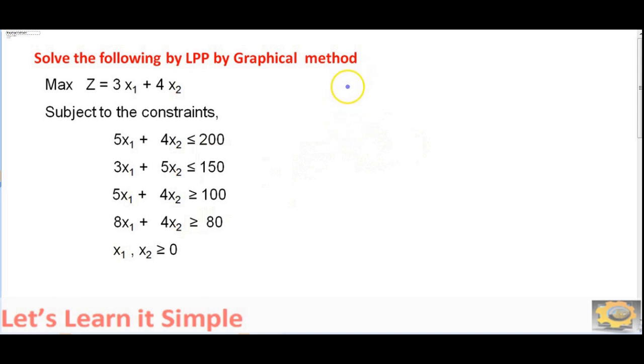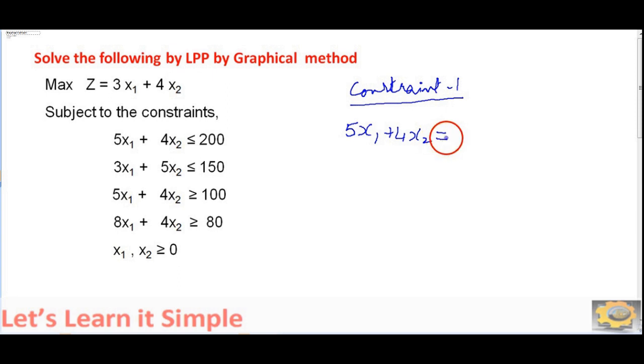By graphical method, as we discussed in the previous video, the constraint has to be equated straight away. So let us take the constraints one by one. Let me take the first constraint: 5x1 plus 4x2, equate straight away with 200. Now we are going to let x1 as 0, so this term will vanish.